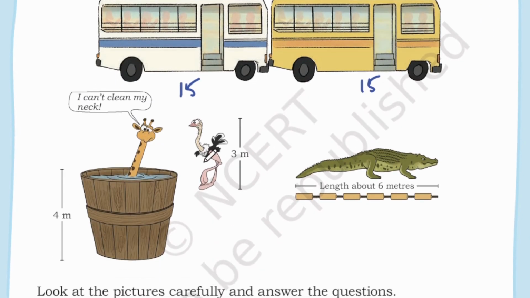So next we have "I can't clean my neck." If you see this, a giraffe is saying it is not able to clean its neck here. But here we have a small ostrich which is 3 meters. But here the giraffe's neck is outside the water tub and the tub is 4 meters.